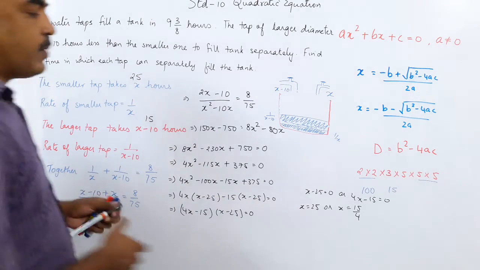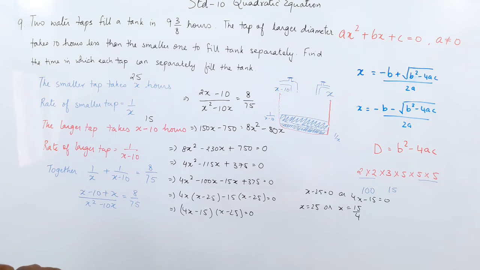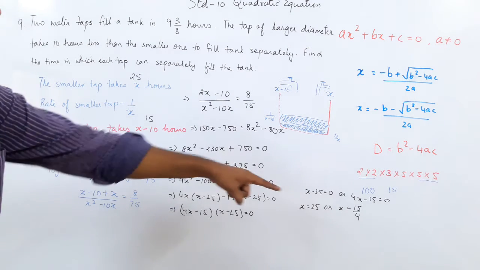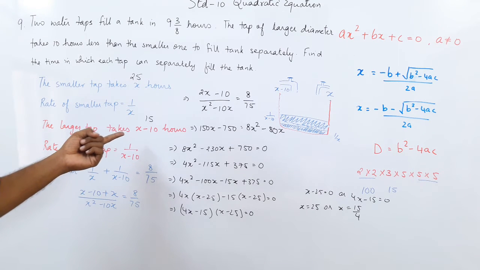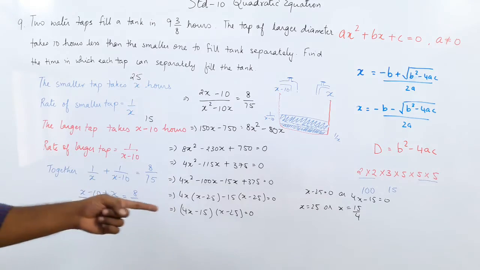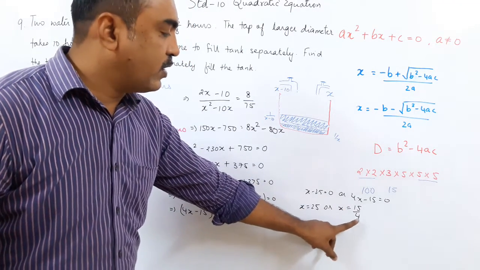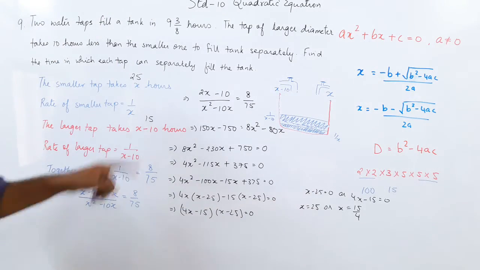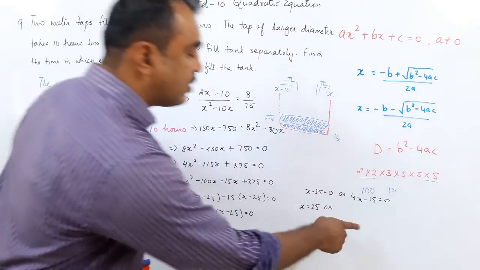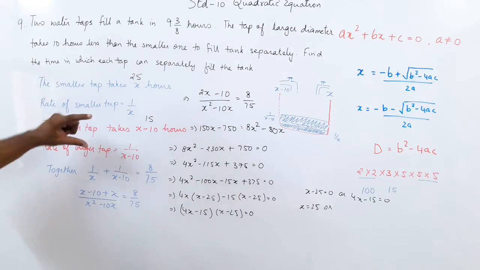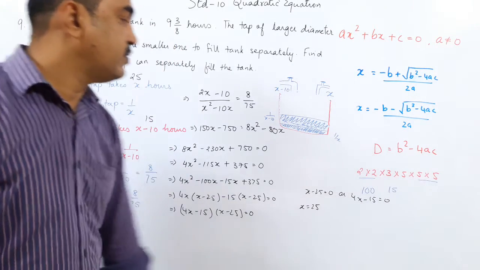Now if x is 15 upon 4, 15 by 4 will be how much? 7 by 2, so 3.5. So 3.5 minus 10 gives a negative, so this will not be our answer, because the larger tap will go into the negative. So we get x equal to 25 as our answer.